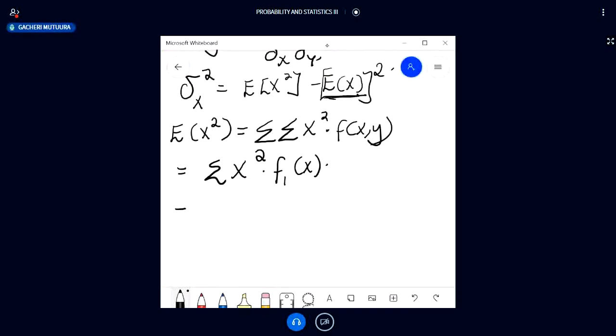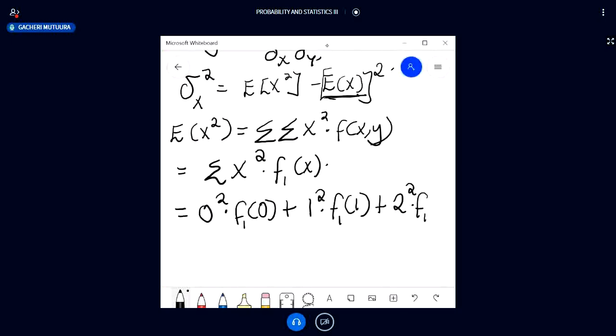So x squared, I have 0 squared times f1 of 0 plus 1 squared times f1 of 1 plus 2 squared times f1 of 2. So this will be 0 plus 15 over 28 plus 2 squared, that is 4, times 3 over 28.